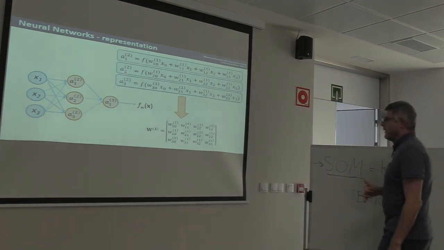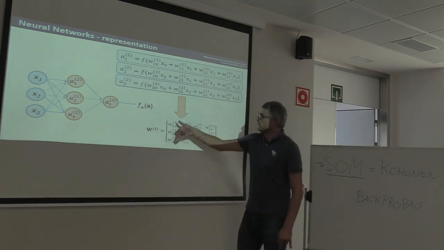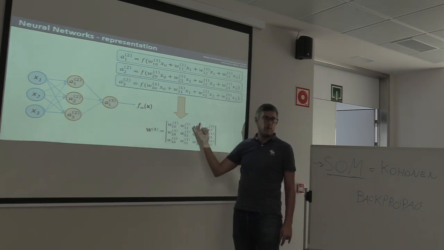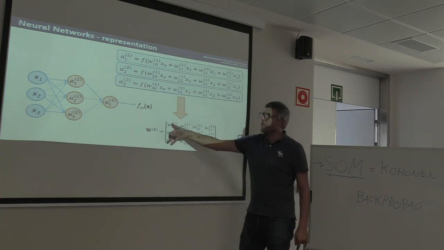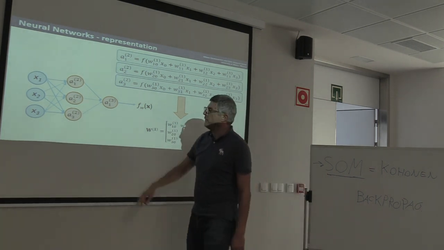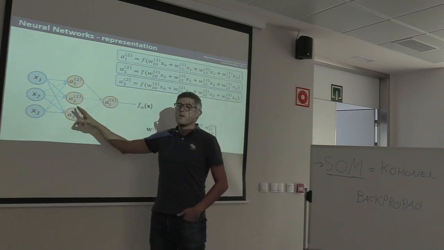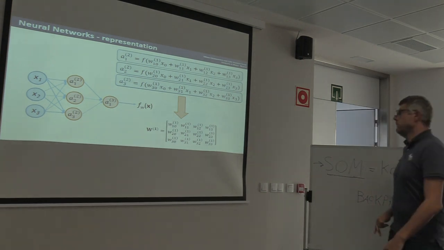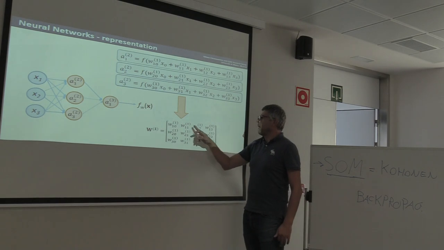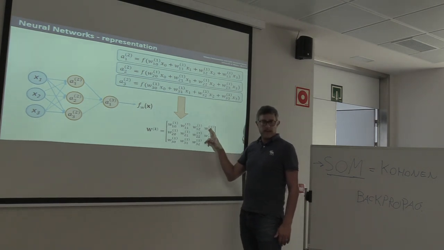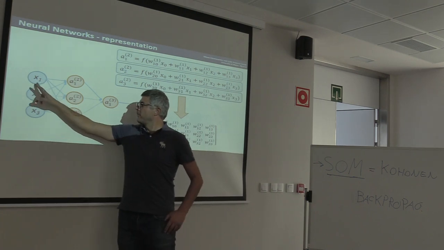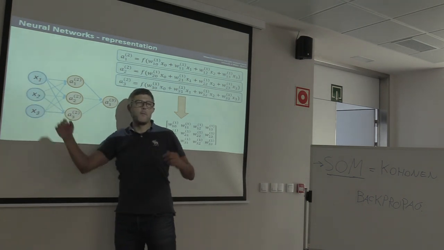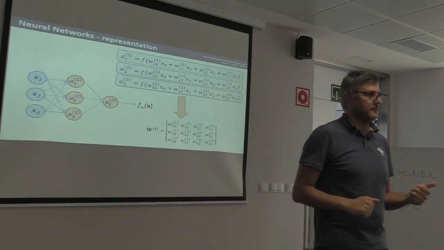Here we have a matrix which has dimension 3 times 4, because the number of rows corresponds to the number of neurons you have in the layer which receives the information. The number of columns corresponds to the number of units you have in the previous layer plus 1, because you have the bias also.